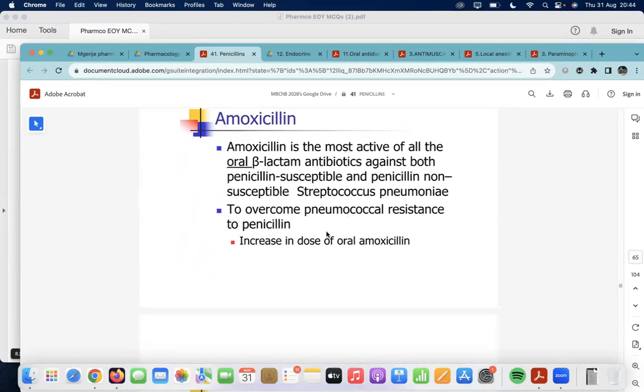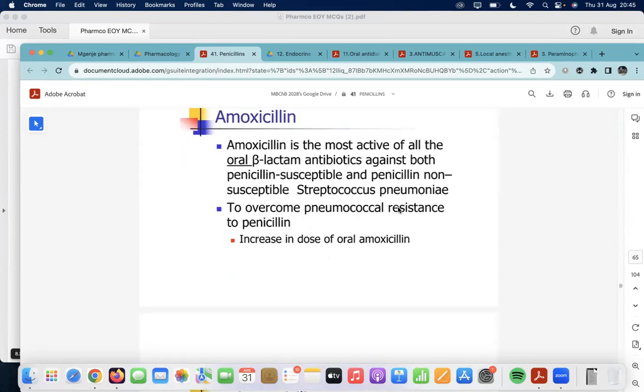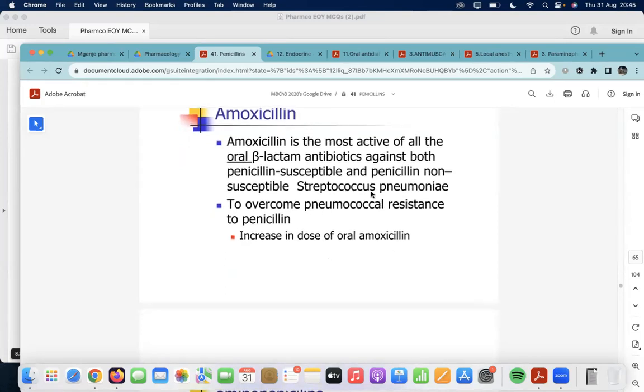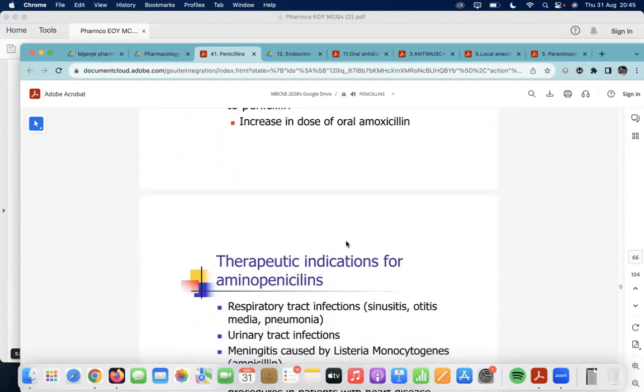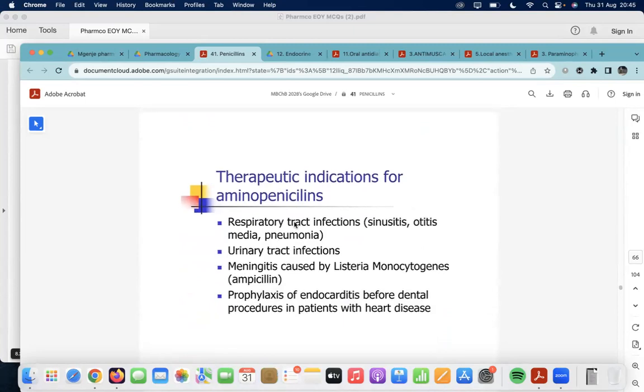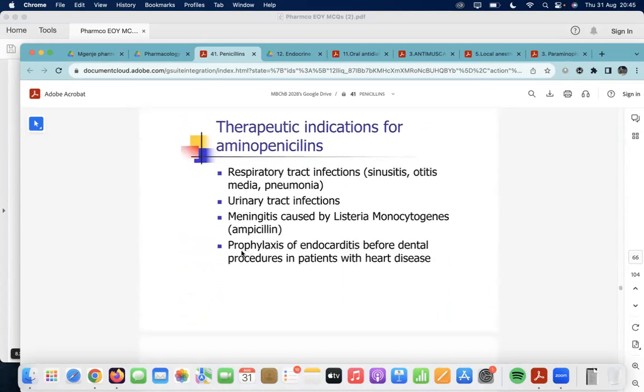To overcome pneumococcal resistance to penicillin, increase the dose of oral amoxicillin. In short, it's saying if you're giving a patient penicillin and there's pneumococcal resistance, add amoxicillin, because amoxicillin can give a boost to fight off the bacteria. Yeah, so this was the keynote I wanted to take home.